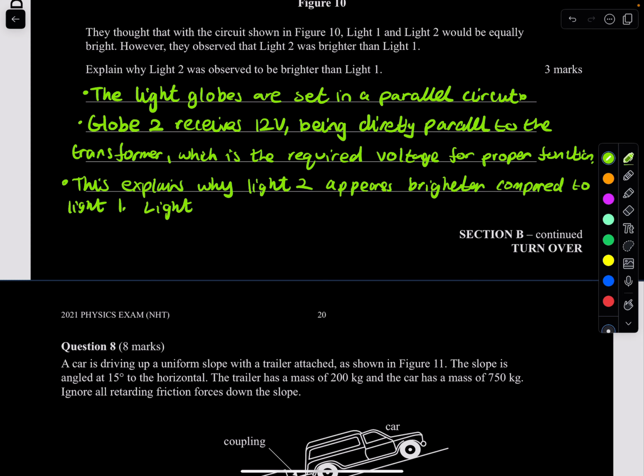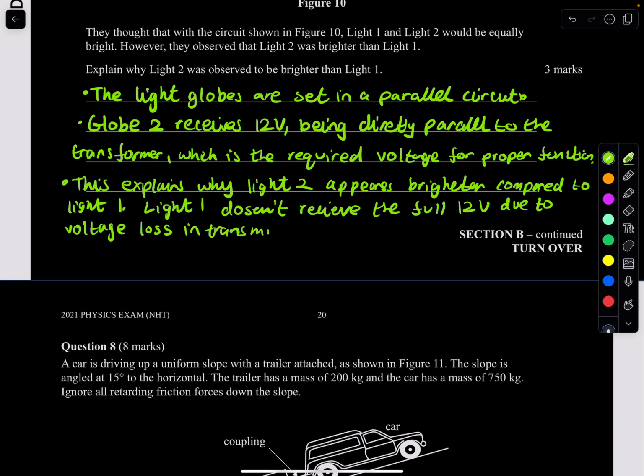So light 1 doesn't receive the full 12 volts due to voltage loss in transmission lines.